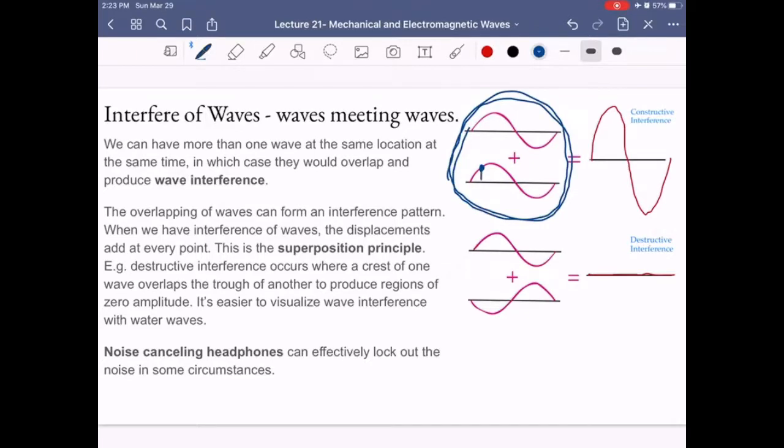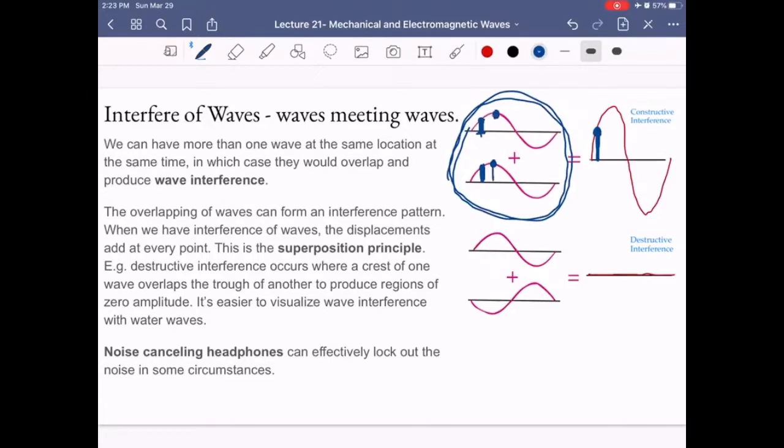The displacement for that point is whatever that number is, and the other wave has a displacement corresponding to the same location, and those two displacements add up. So this value plus that value would give this value, and this would be a point corresponding to this point in the medium.